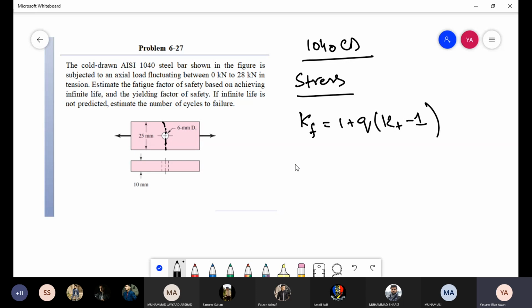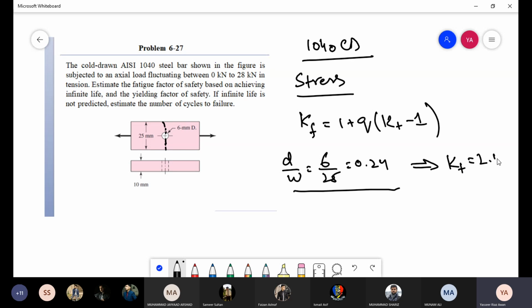And for that, first look for KT, which is directly applicable for this case. So first you would need the D by W, this is basically appendix 15(1), I think. So D by W would be equal to 6.25 into 0.24. And so that implies KT would be equal to somewhere like 2.44.